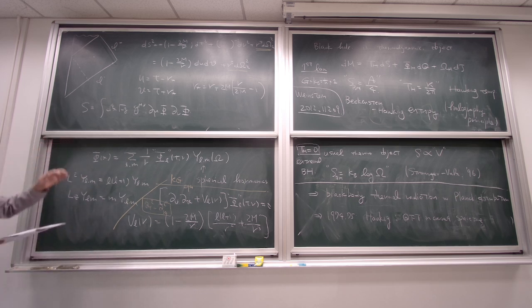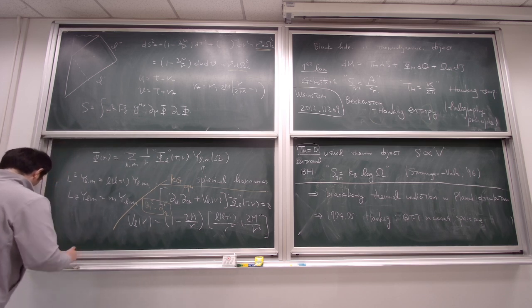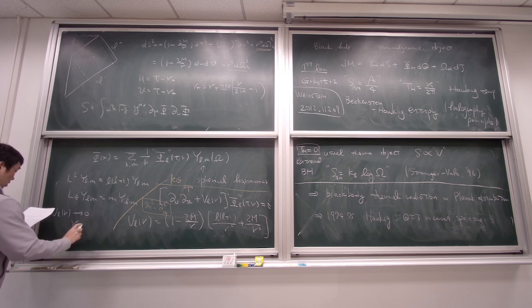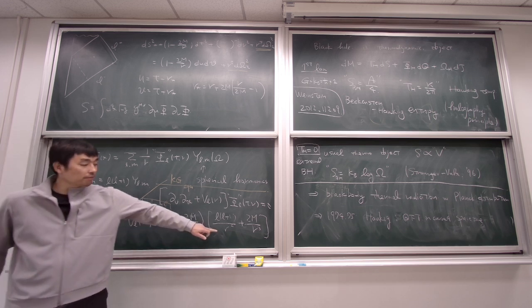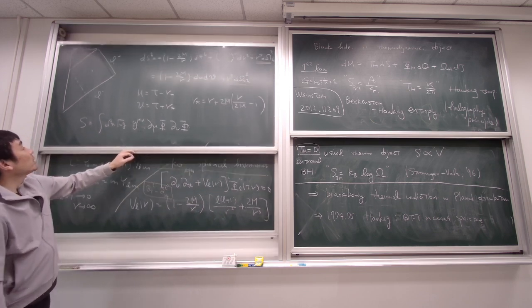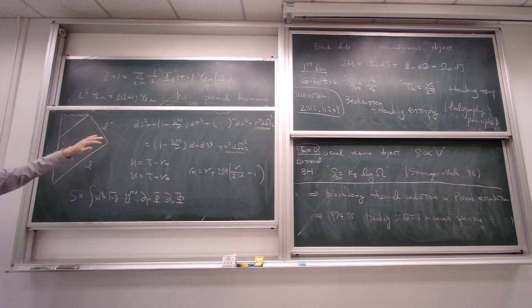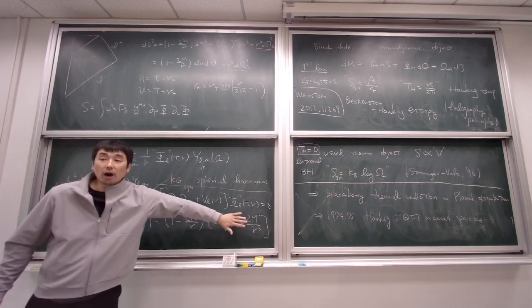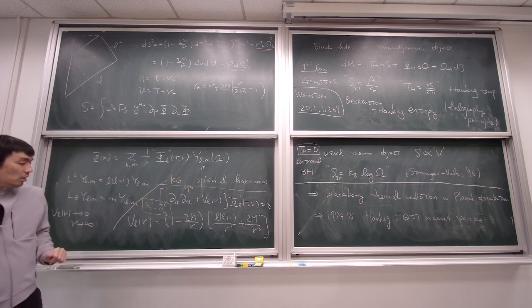Let's look at this potential. V_l of r goes to 0 when r goes to infinity, of course, which is scri plus or scri minus.